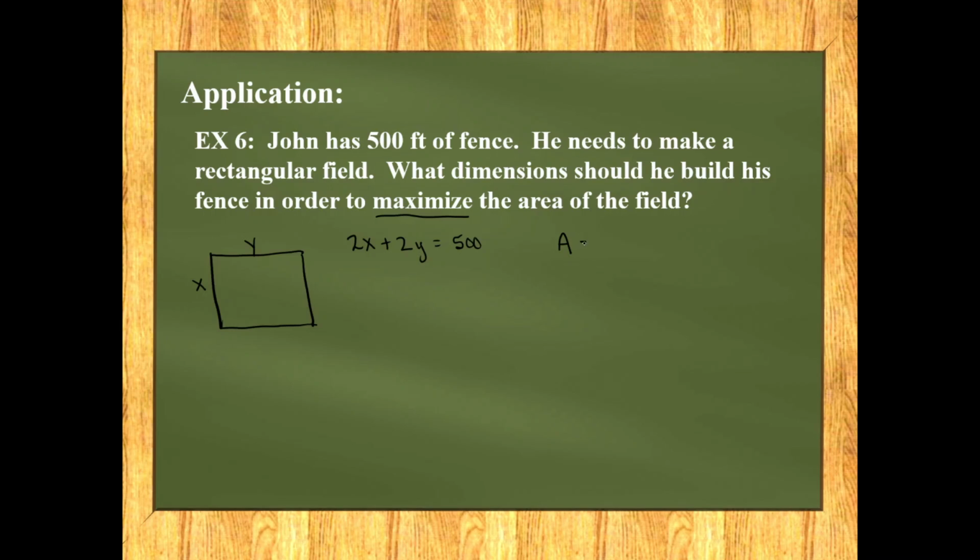Now we're trying to maximize the area, which would be x times y. I've got two variables. I can't really solve with two, so I'm going to have to do some substitution. So I'm going to use this first equation and solve for y. Okay? Now I can plug that back into my area equation.